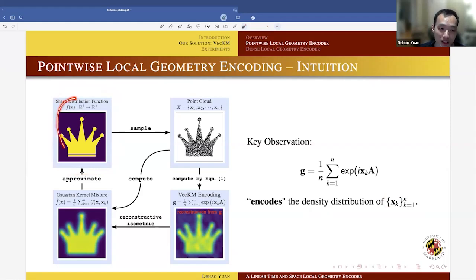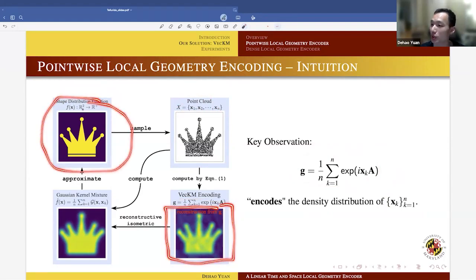From this underlying shape, you can sample the point cloud, which gives you a collection of points. Then by this formula you compute G, and there's a formula that can help us reconstruct the distribution from the encoding G. As you can see, this reconstruction is very similar to the original distribution.